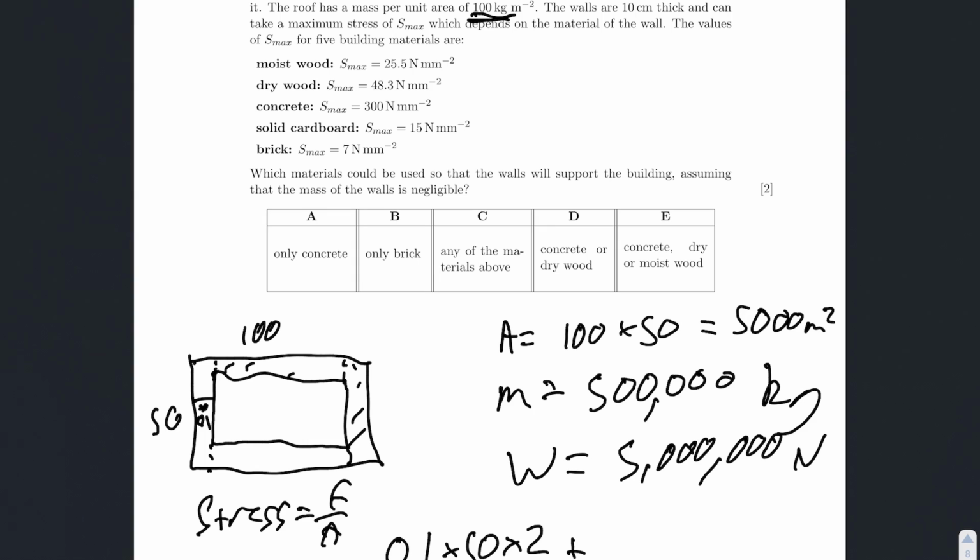So this will be 98.2 times by 0.1 times by 2. So if we factorise this out, we have 0.1 times 2 times 50 plus 98.2.